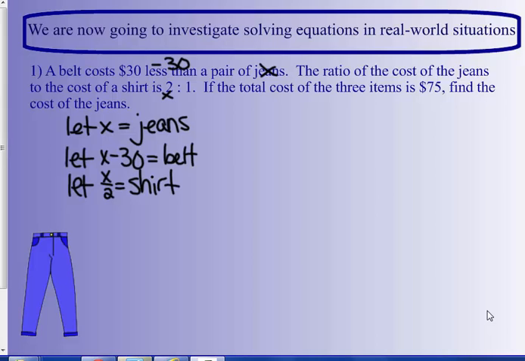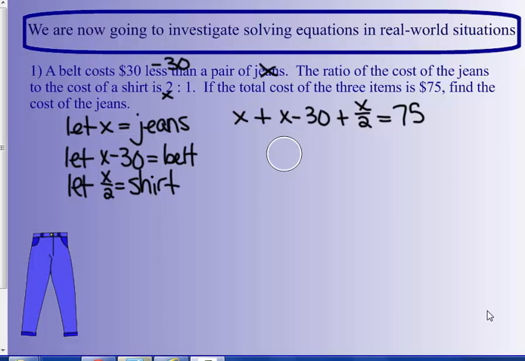If the total cost of the three items, so I'm going to put these three items together: x is the jeans plus the belt plus the shirt equals $75. Putting all my x terms together, I have 2.5 x's.